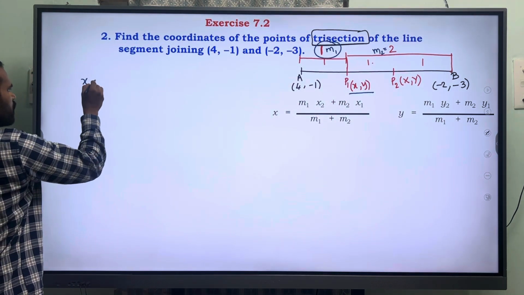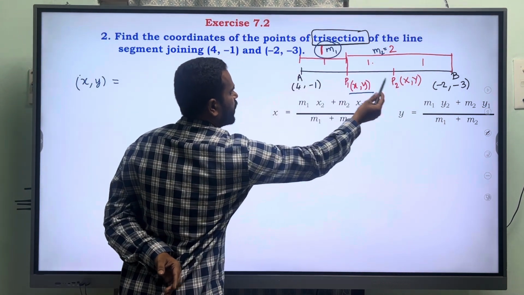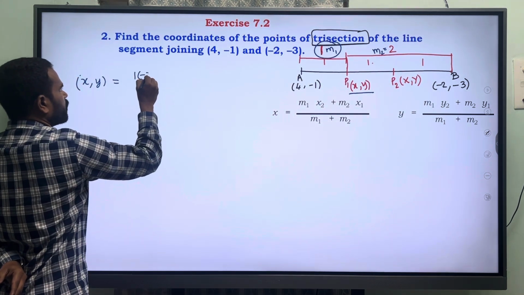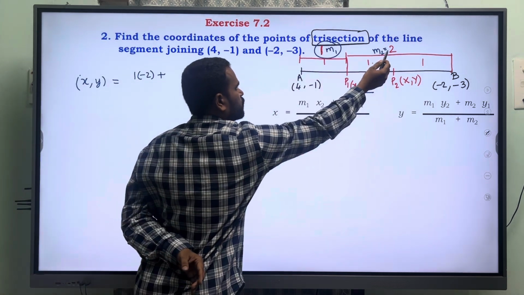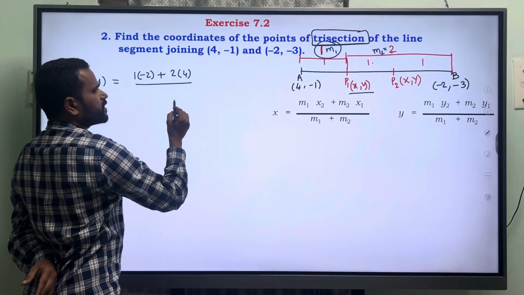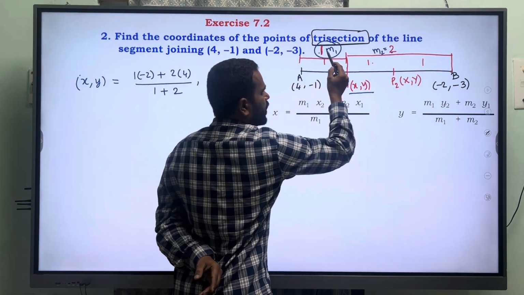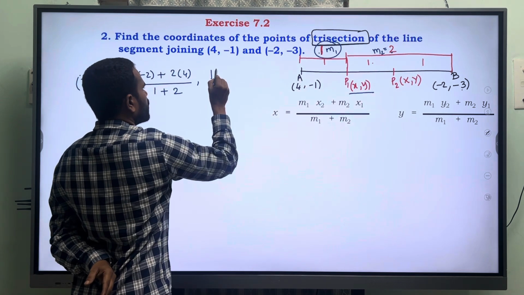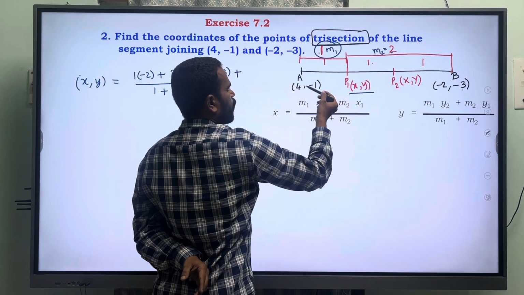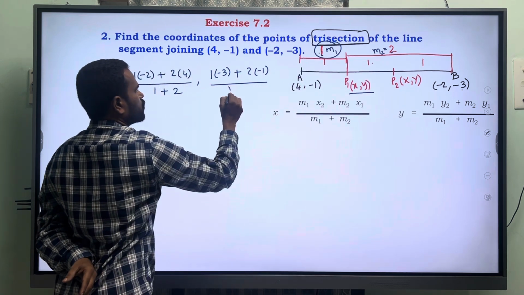Okay. Now let us use this formula to find the coordinate x comma y. So x comma y is equals to, what is that? M1 x2, 1 into minus 2, plus M2 x1, 2 into 4, by M1 plus M2, 1 plus 2. Next, M1 y2, 1 into minus 3, plus M2 y1, 2 into minus 1, upon 1 plus 2.